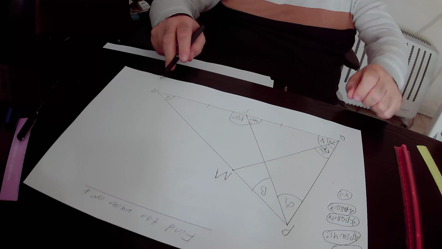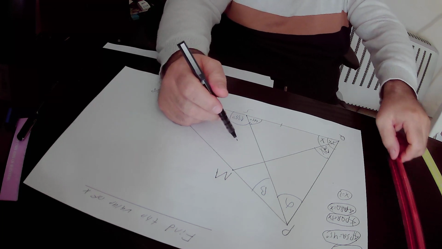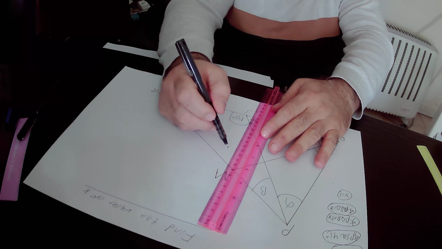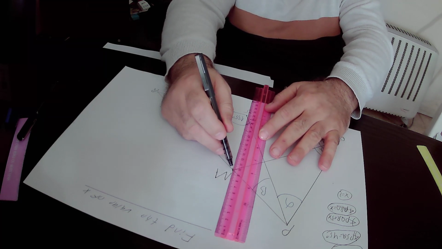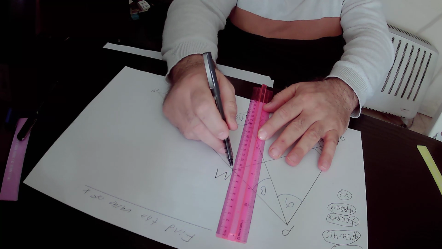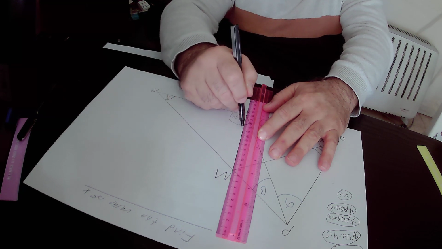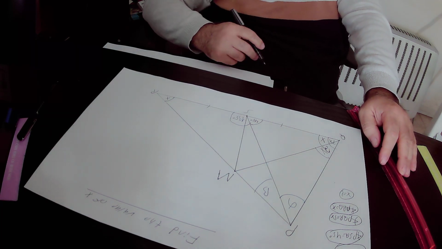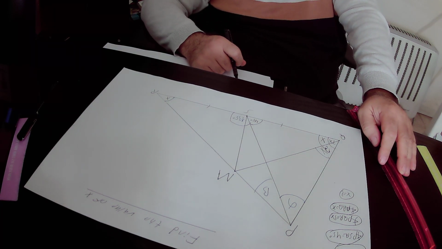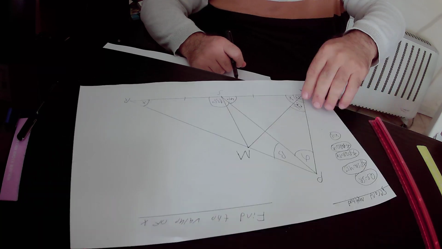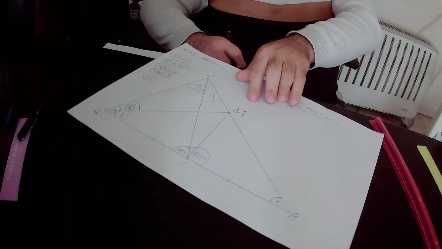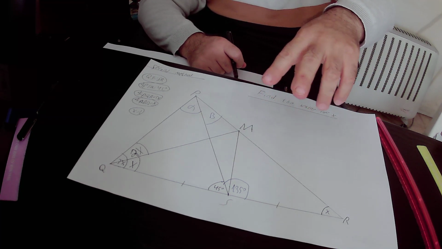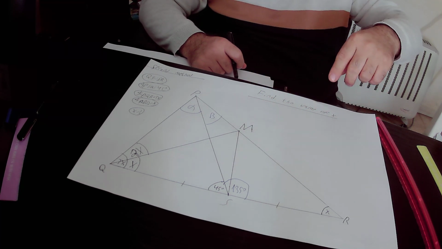So we will join points M and S together by a straight line. Actually, line segment MS is the median to the base QR of the isosceles triangle QMR.